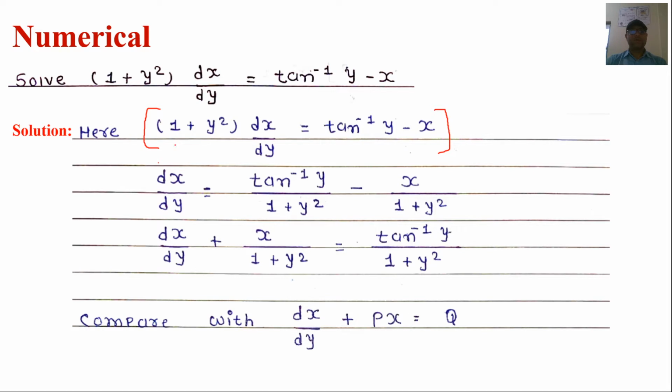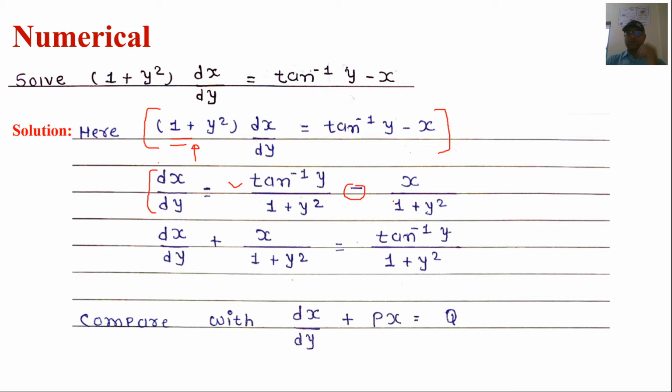Move the term 1 plus y square to the right hand side, so you will get dx upon dy is equal to tan inverse y upon 1 plus y square minus x upon 1 plus y square.